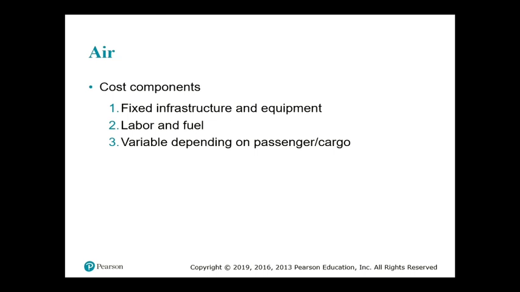This component is independent of how many flights are flown, how many staff are on each flight, and the time involved in each flight. The second component would be the labor and fuel related to each flight. This number is fixed for each flight, but of course, as the number of flights increases, the costs related to labor and fuel would increase.